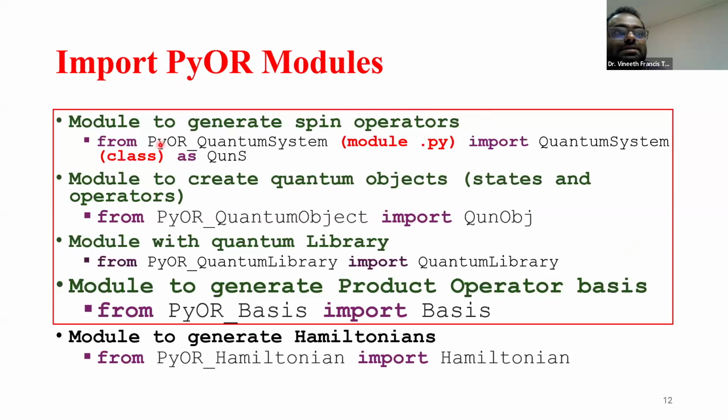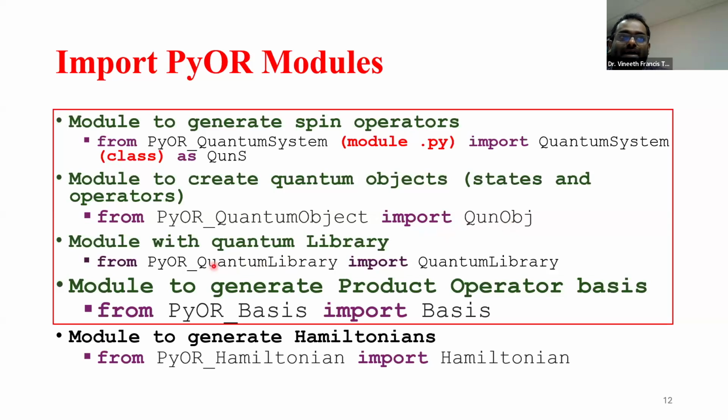If you look at this module, PyOR quantum system, it is nothing but a Python file which contains a class called quantum system. This is the first pillar of PyOR, which generates spin operators and quantum states. Next, another important module is PyOR quantum object, where a class called quantum object is defined, which we will see later what it can do.